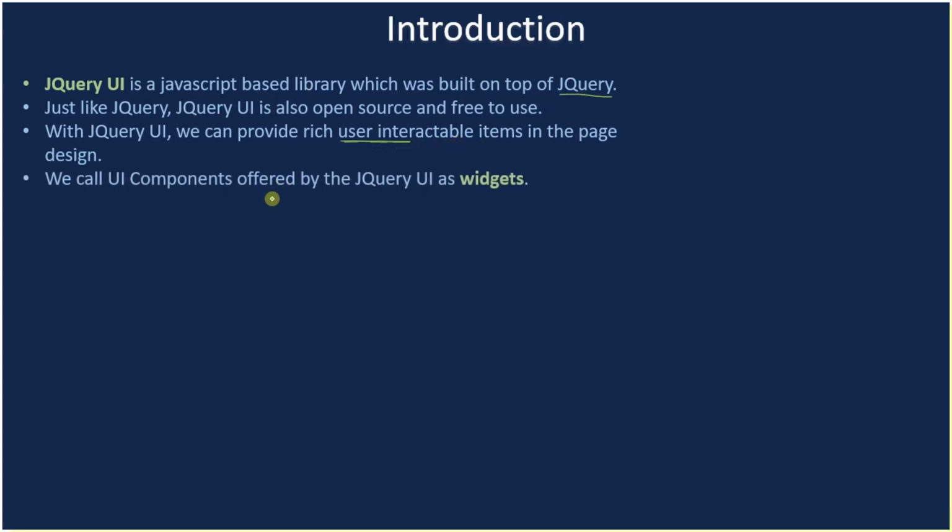We call UI components offered by the jQuery UI widgets. The widgets are nothing but a combination of HTML elements that provides a user interface element. One or more web elements together form a widget.